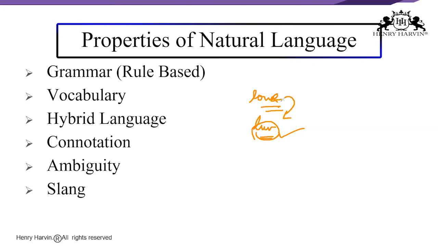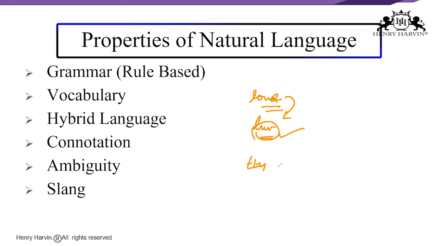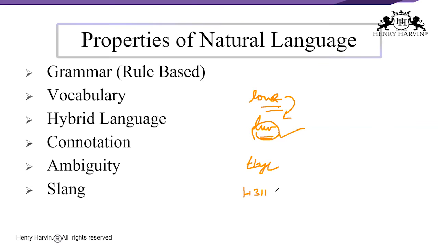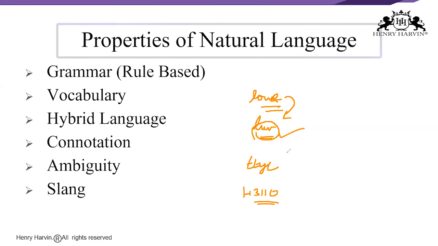Or sometimes we use hashtags, or short forms like TTYL, right? And sometimes we write hello this way. So how will the computer or the machine understand these differences?